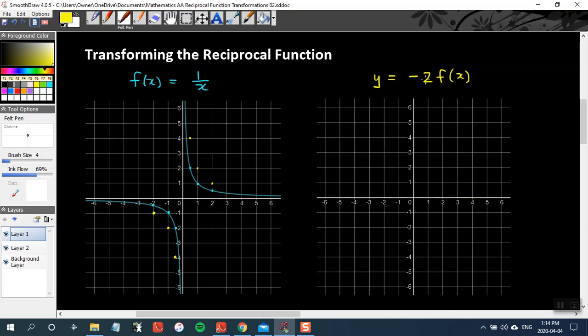Okay, so half done, and the negative, that affects the y value. So what happens when you negate those y values? Well, positives become negatives, and negatives become positives, so we're reflecting this across the x-axis as well. Okay, so let's just do that. So +4 becomes -4, and +2, -2, +1, -1.